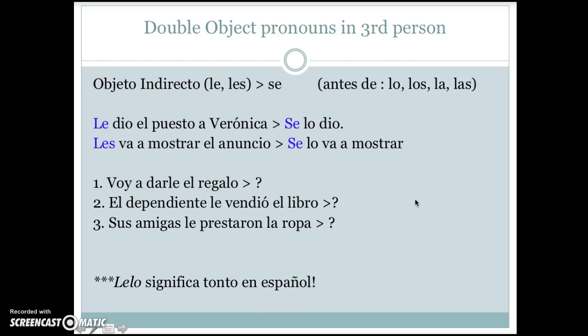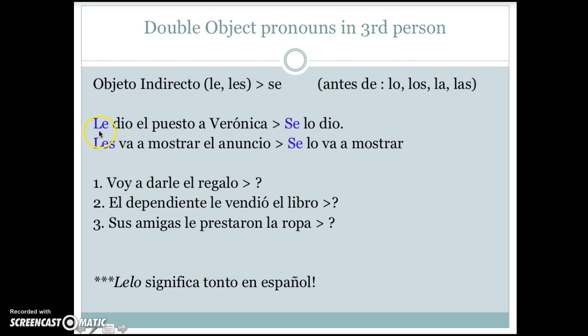In the third person, when you have double object pronouns, there's another rule. This is when we change le or les to se when it is placed before lo, los, la, or las. Basically, any combination of l-a sounds needs to be changed. We need to use se in place of these indirect object pronouns.